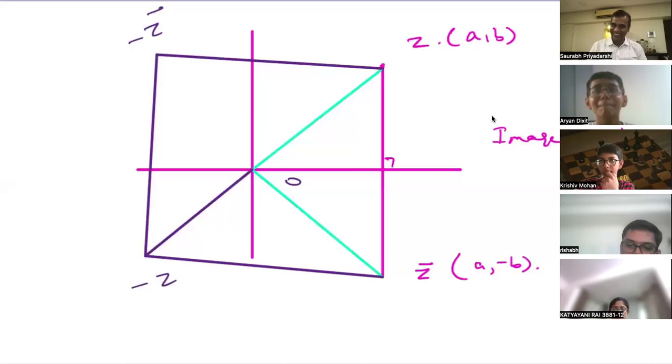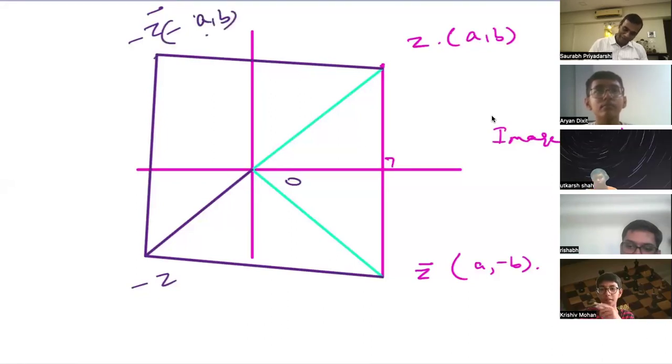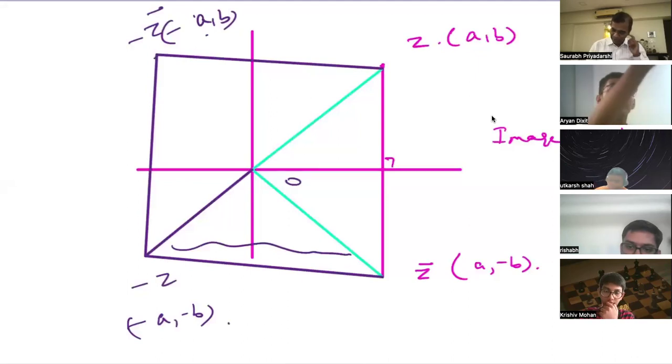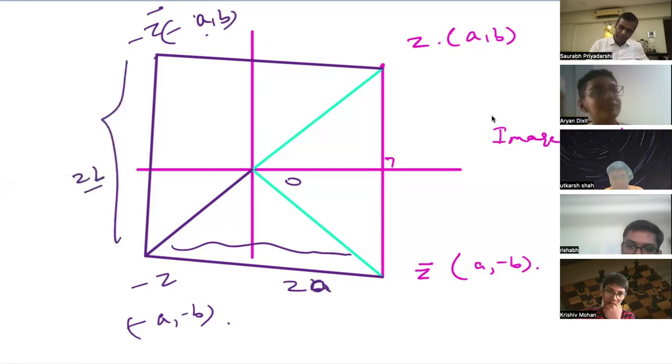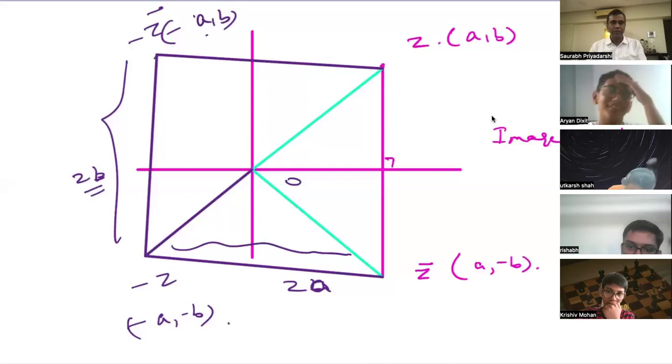So rectangle. A and B are different. If A and B are the same, then square. Obviously, this length will be 2a, and this length will be 2b. When A and B are the same, 2A or 2B, but not always.